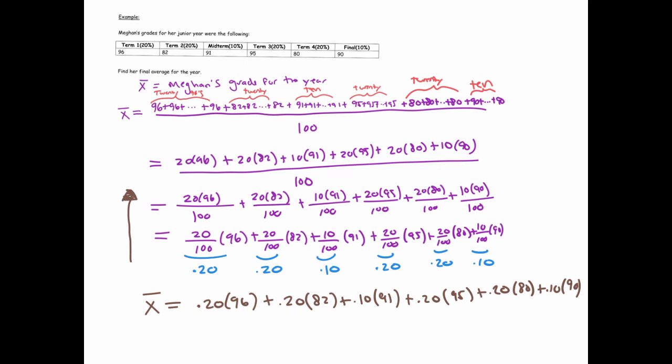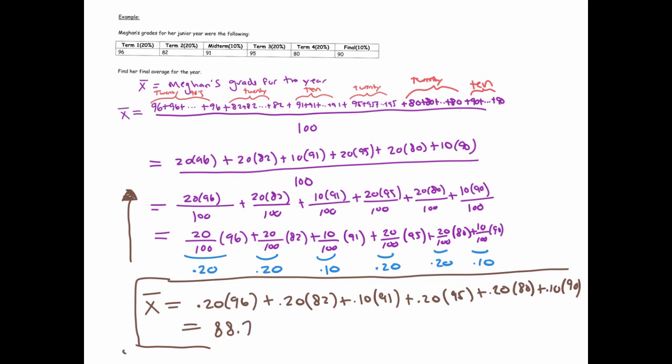But in the future, this is how you need to think about weighted averages from now on. And to evaluate it, you should get 88.7. Okay, so her final average is an 88.7. So going forward, you can find the average by just multiplying the decimal equivalent of the weight times the value and summing.